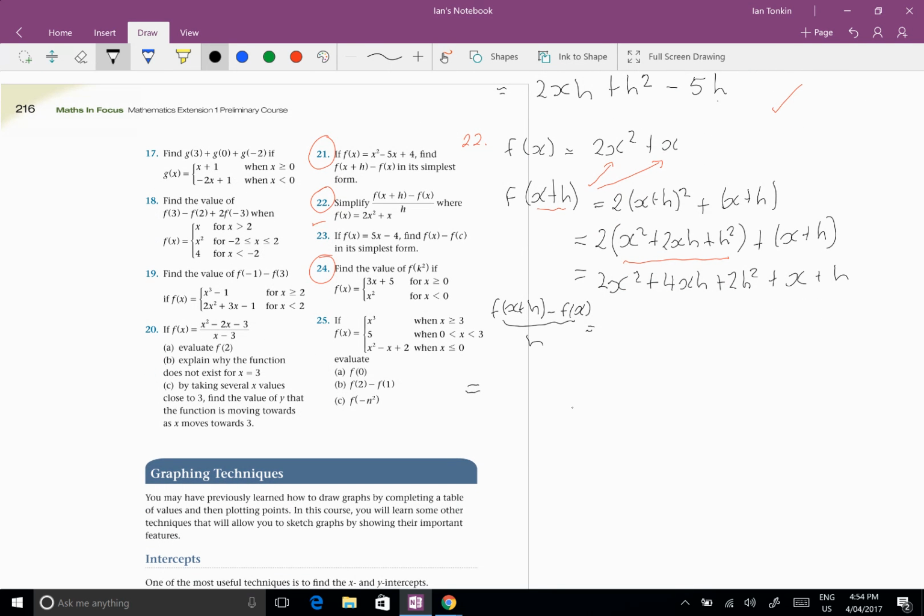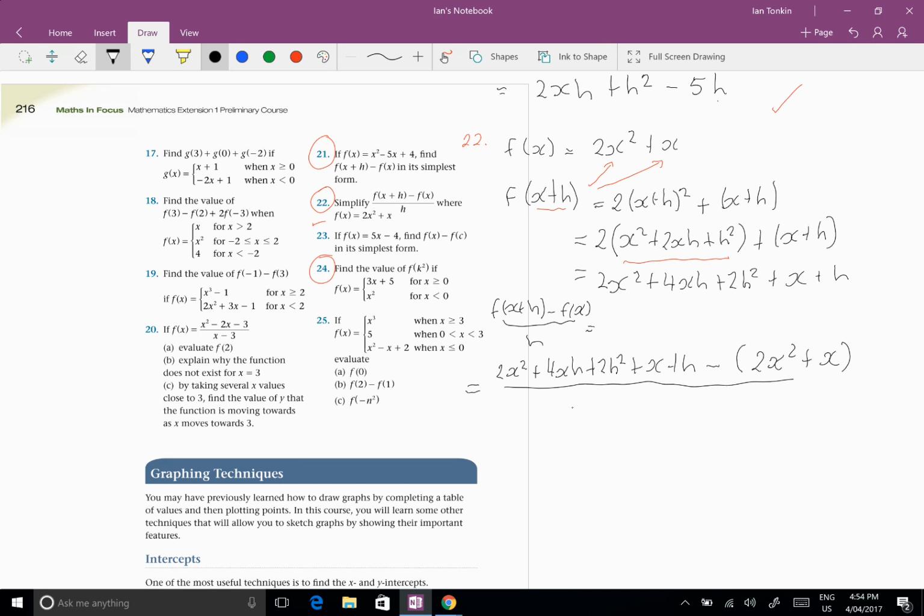So f of x plus h is 2x squared plus 4xh plus 2h squared plus x plus h minus, now I'm going to put f of x in brackets because I've got this minus and it's going to play with a sign, 2x squared plus x.